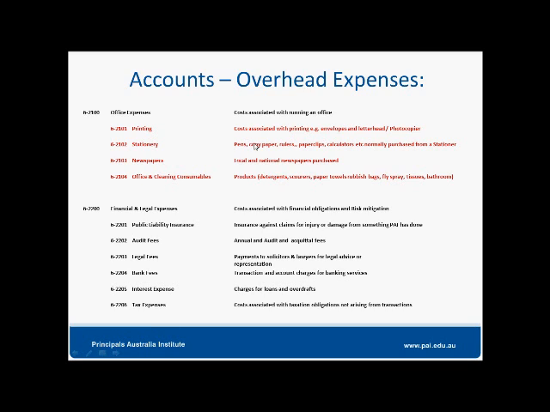The reason for that is that if you're purchasing from Officeworks, you may be buying products from Officeworks that's a stationer, but they're not stationery. So it's important that you do identify and separate those two costs.